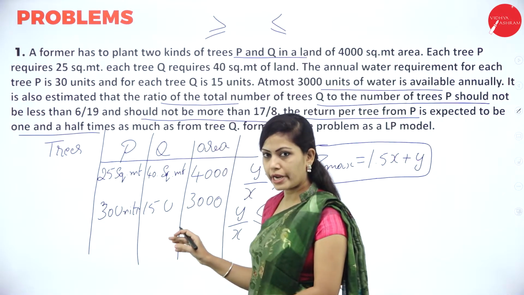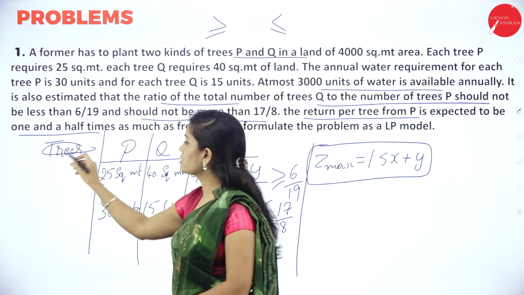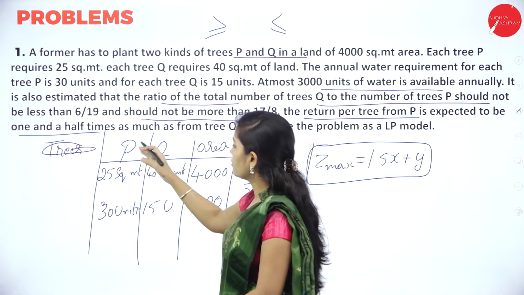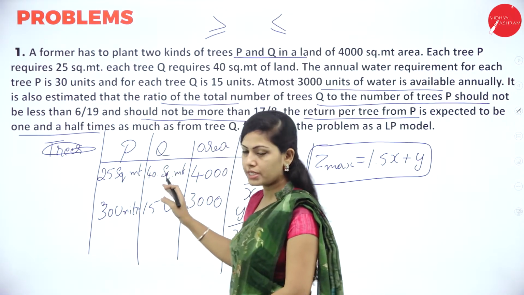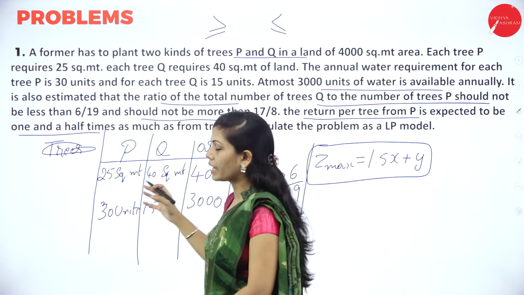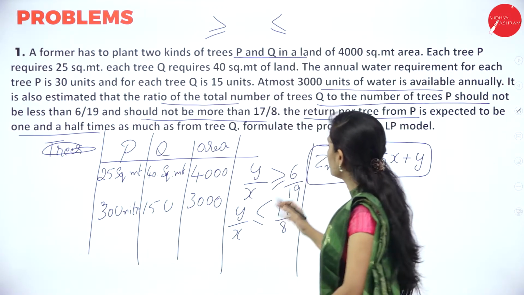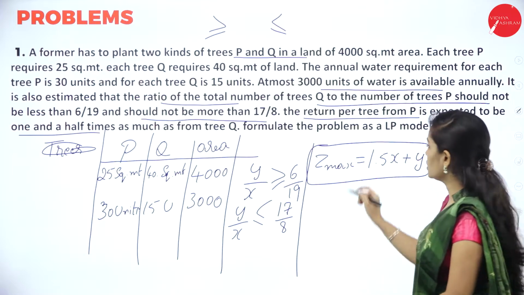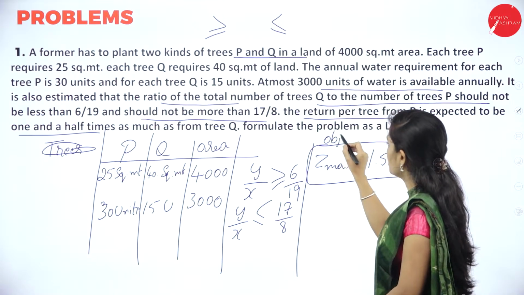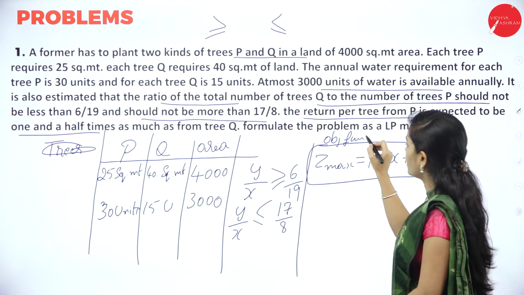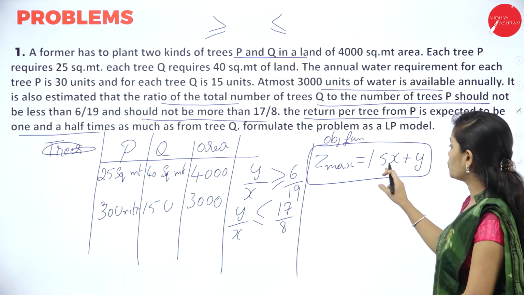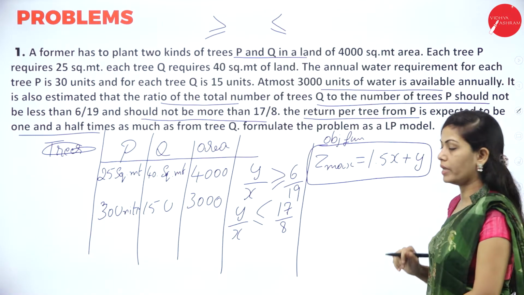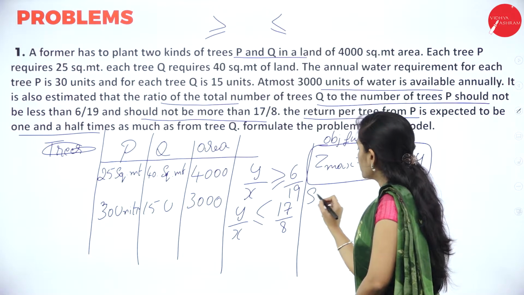So first you have to write the products, that is trees P and Q. First write the availabilities and given values and then write the objective function. So first step is the objective function: Z max is equal to 1.5x plus y. And subject to constraints.